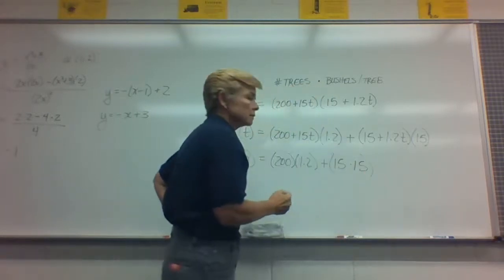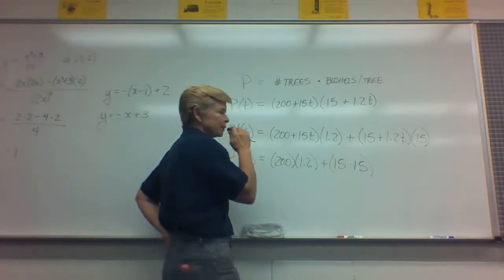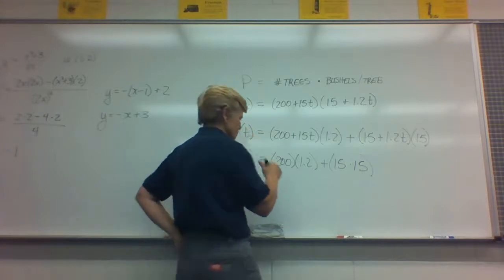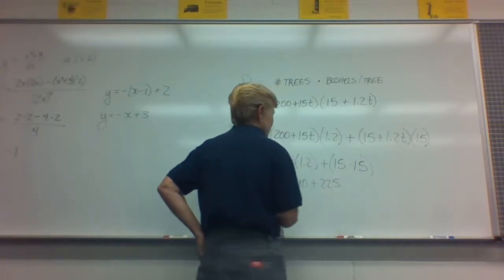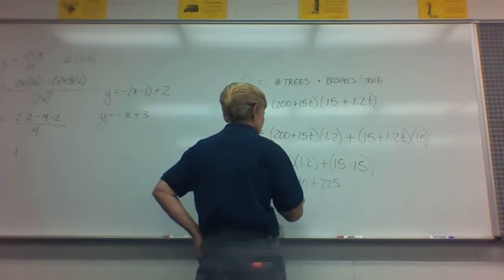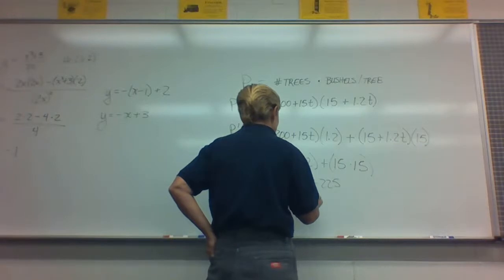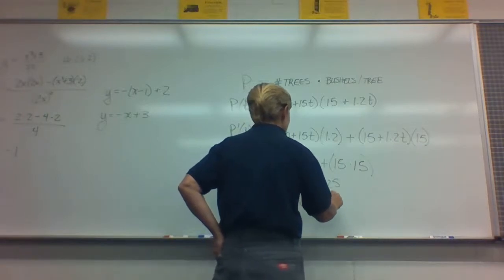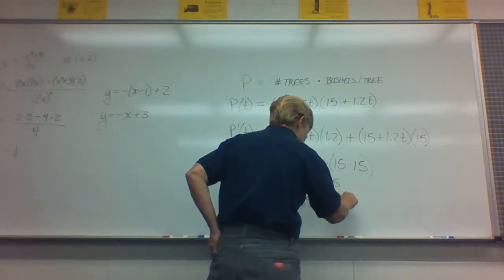What is 15 squared? 225. So it's 240 plus 225, 465. 465 what? Bushels per year, because it's a rate.